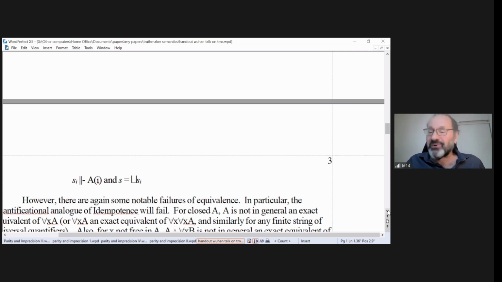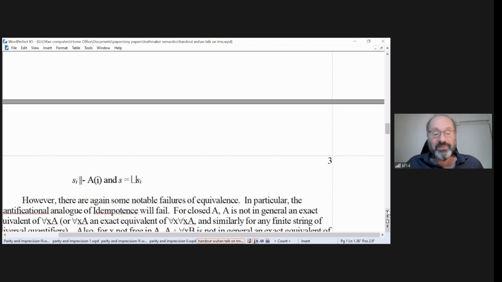Now look at what are the truth makers for all XA. What we do is for each individual in the domain, we pick a truth maker for A and then form the fusion of those truth makers. So suppose I have at least two individuals in the domain.